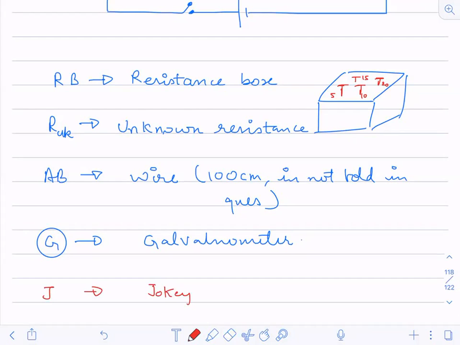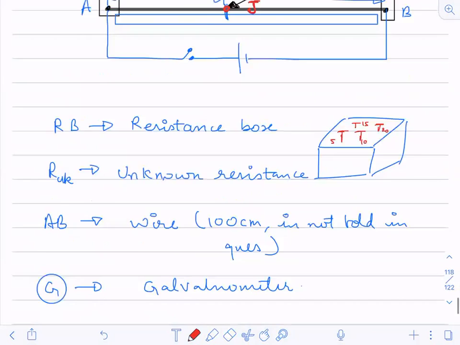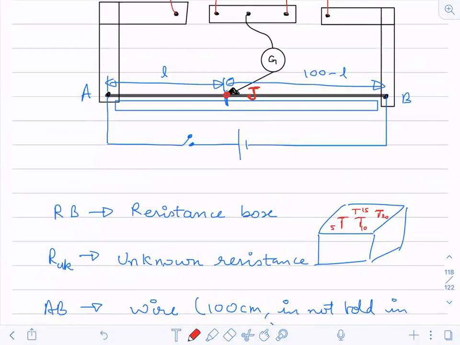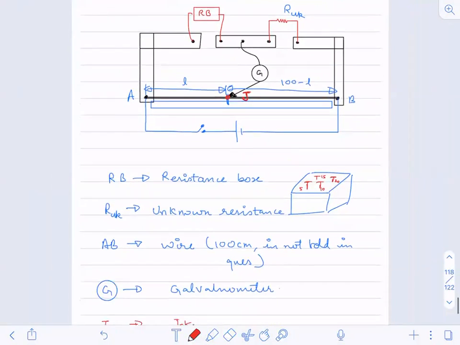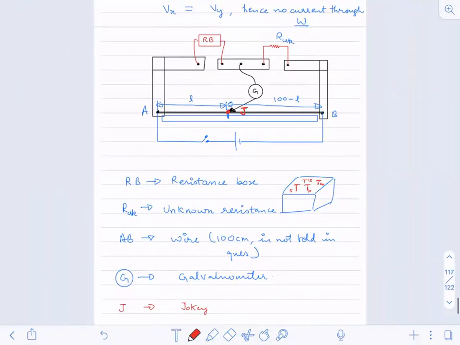It is a pen-like structure, and you will connect a wire. This complete thing is a wire. With that you will connect the galvanometer and the jockey. Is this setup clear to everyone? How you will measure it, what is the process, we will take in the next class.